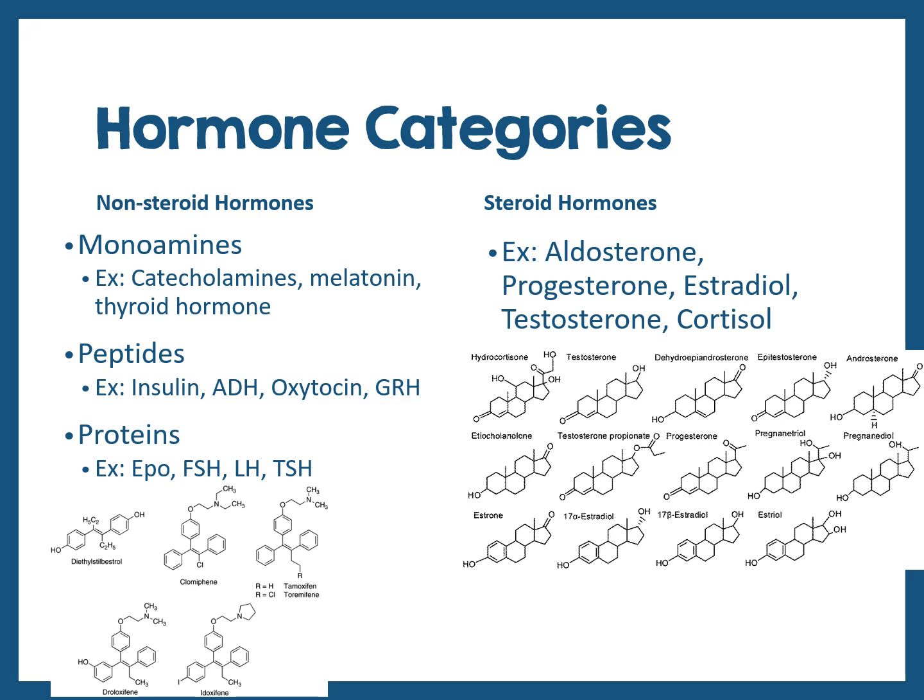Proteins include erythropoietin, which stimulates red blood cell production, follicle stimulating hormone, luteinizing hormone, and thyroid stimulating hormone. The steroid hormones include things like progesterone, estradiol, cortisol, testosterone, and aldosterone.